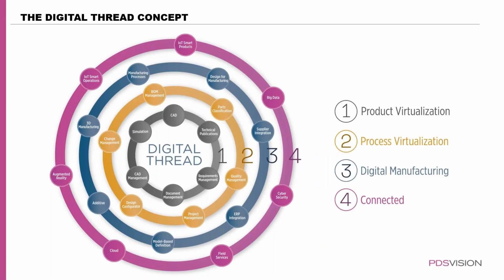All right, so getting right into digital thread. The idea behind digital thread is that there are a lot of different parts of your company that are going to be working on different parts of the same projects. PTC has a lot of ways that we can tie these different departments together by linking our files using the same files. This is going to have a whole bunch of benefits.